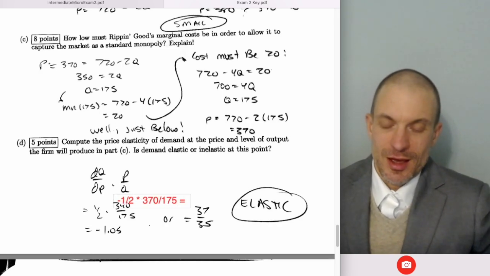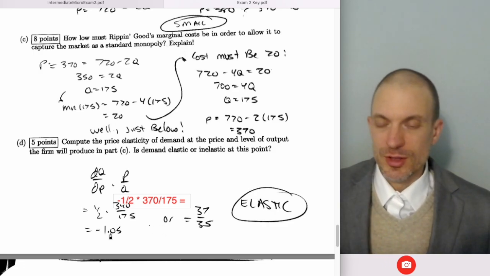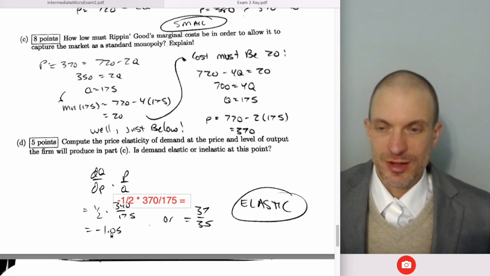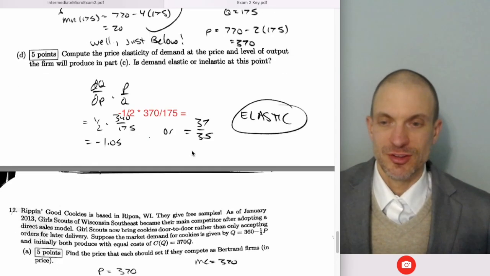I was copying this solution from one I had written out before, so let me verify that real quick. Yeah, that's correct. So the answer is minus 1.05, which is greater than 1 in absolute value. This tells us we have elastic demand.